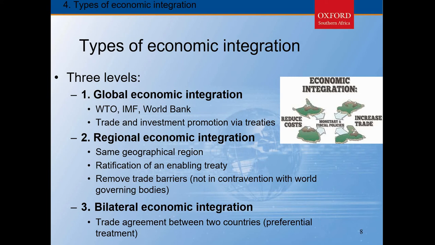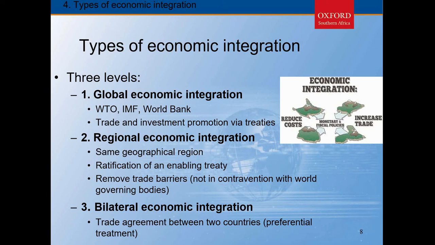And then the largest level is global economic integration, which is governed by the World Trade Organization, WTO, and the International Monetary Fund, IMF, and the World Bank. So they aim to create one large global market where goods and services essentially can move across the globe freely.